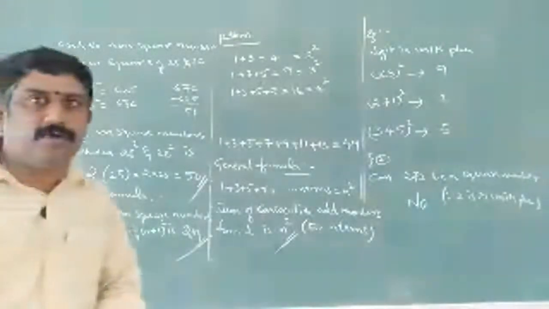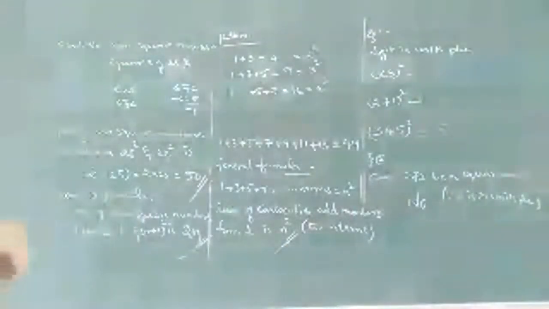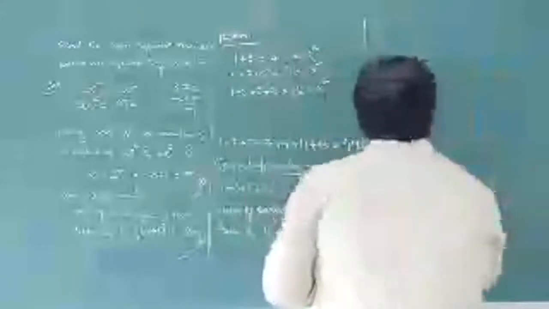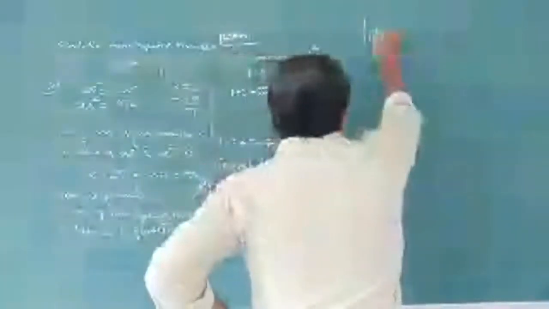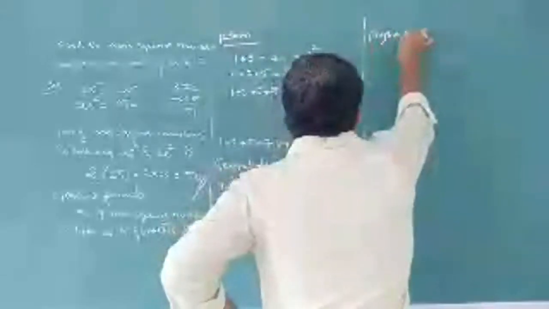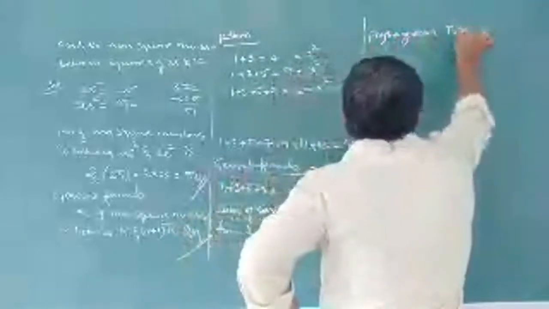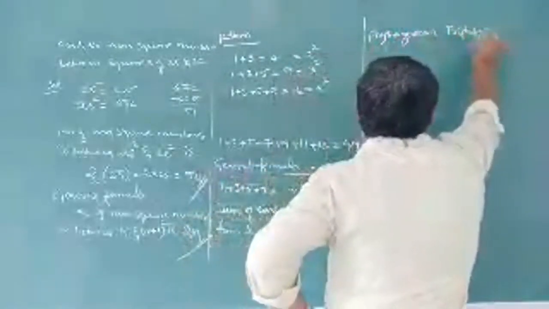Okay, a small topic we will discuss here about Pythagorean triplets. Triplet is nothing but how many numbers?